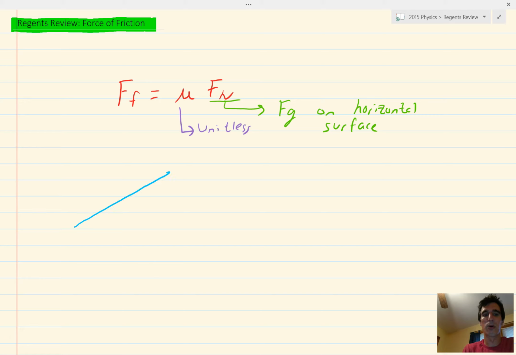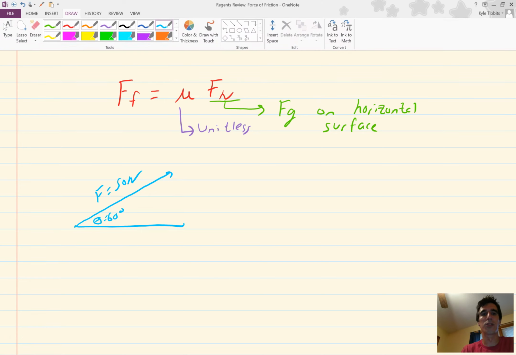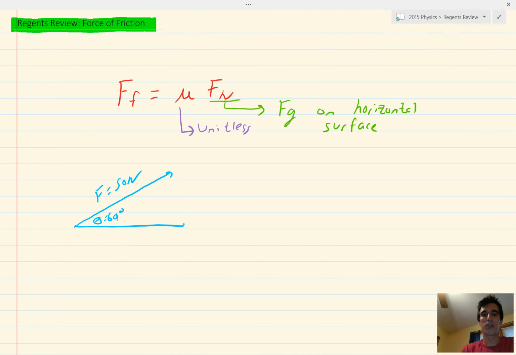So let's say we're pulling an object with a force of 50 newtons at an angle of 60 degrees. And we want to find the force of friction. So Ff equals question mark. So the first thing we know is that when you're pulling something on a flat surface, you're pulling it in the x direction.